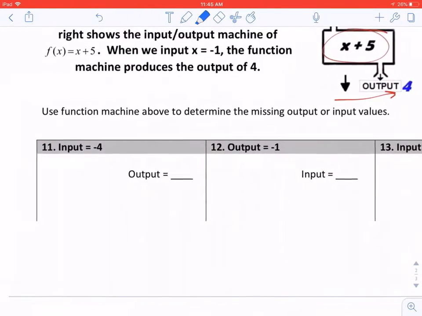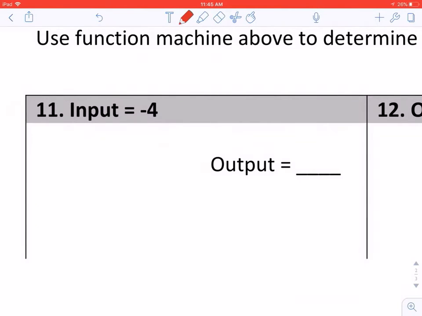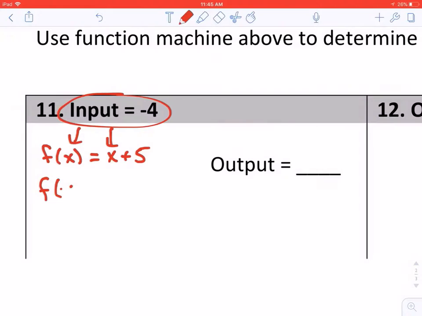The directions say, use function machine above to determine the missing output or input values. You are going to write the function down every time in its original form if you want full credit. You then look at what's given. This is the input. Input goes into the x values. So it's going to be f of -4 equals -4 plus 5.